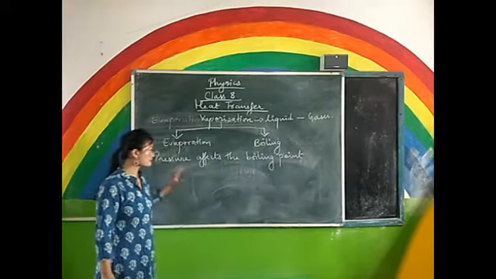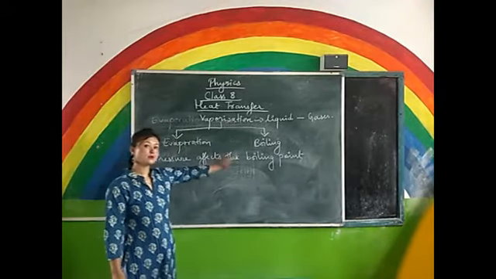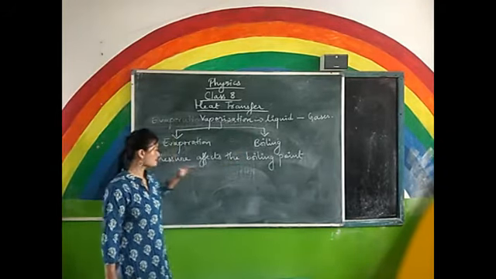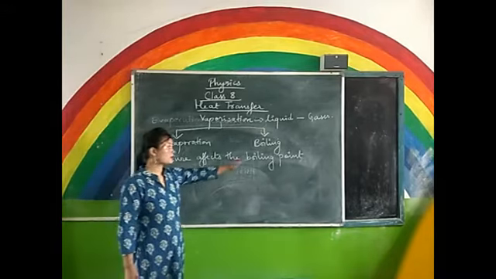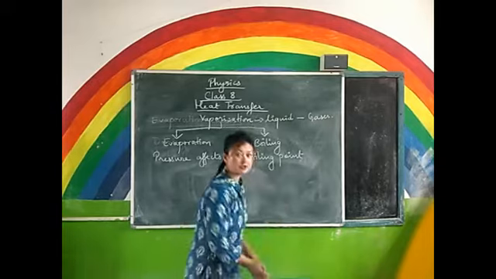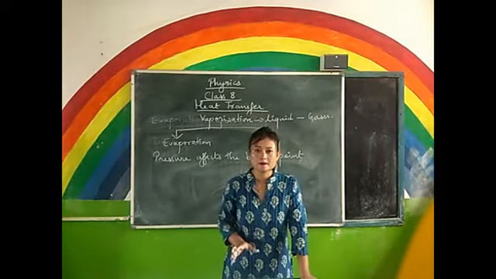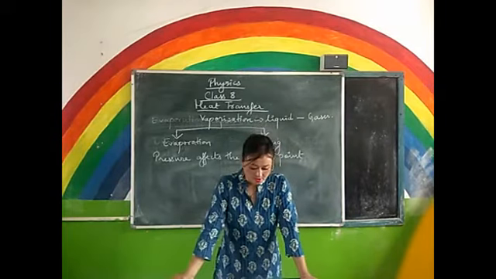Now, how does the pressure affect the boiling point? If the pressure increases, the boiling point also increases. If the pressure decreases, the boiling point also decreases. That's why we say boiling point is affected by the atmospheric pressure.